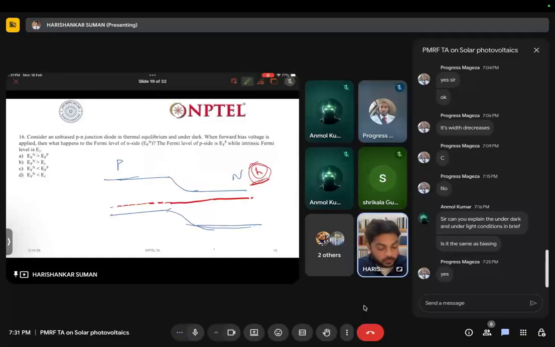Take another color for n type. Let's say here is the case, this is the Fermi level for electrons, and electrons are very less on the p side, you know, minority charge carriers. So it will be like that. So different levels are formed.